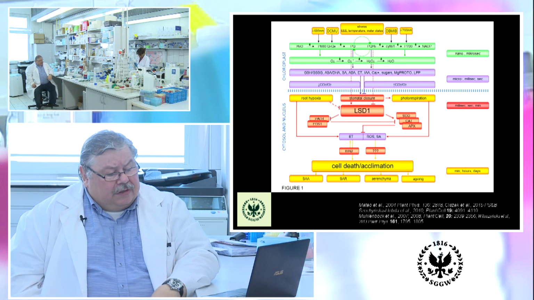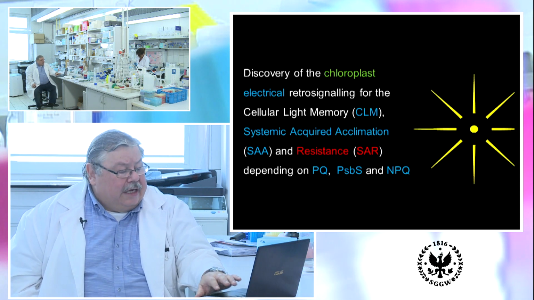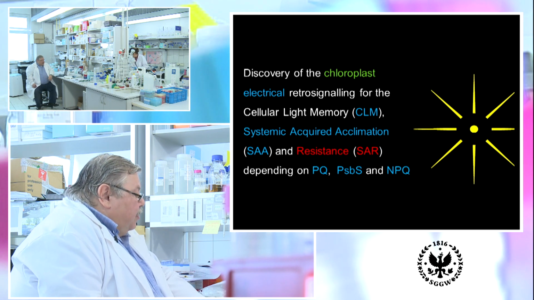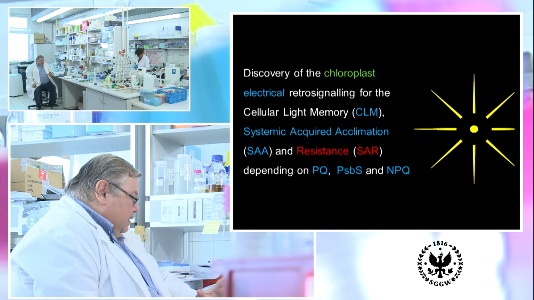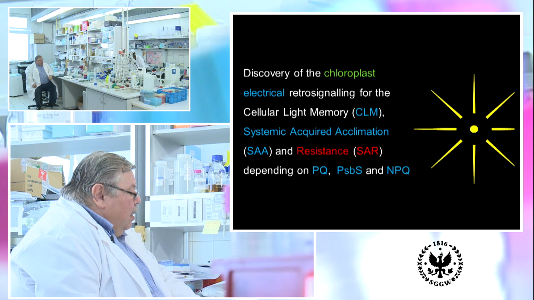We can see that these responses range from nano- and microseconds to minutes, hours, and days. And later on, we discovered the electrical retrograde signaling for cellular light memory and systemic acquired acclimation and resistance, depending on the PQ pool, PSBS, and NPQ.